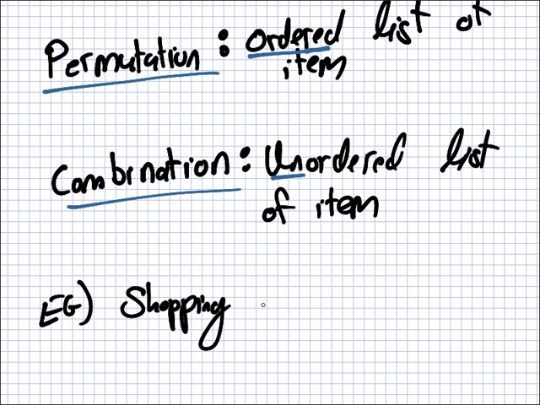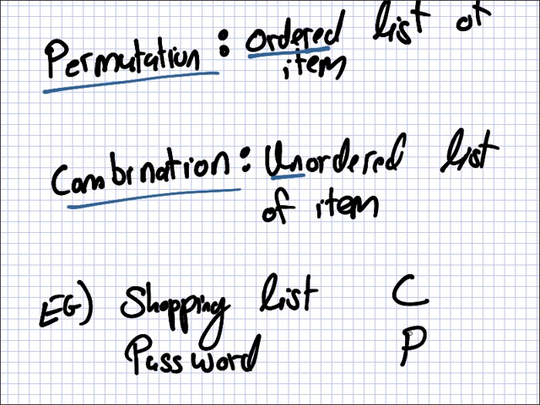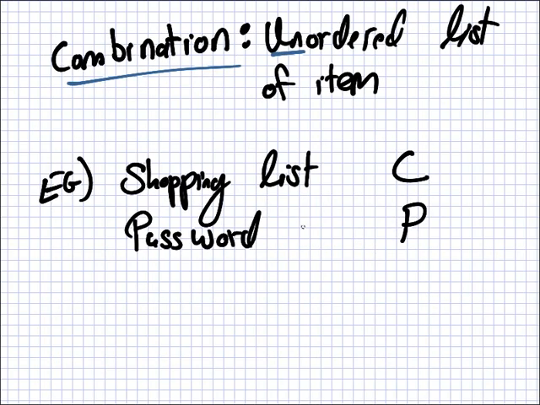That's a good one. Shopping list. What one would that be? Combination, yeah. And like you said, a password would be permutation then. Good. What about a class list? Combination, yeah.